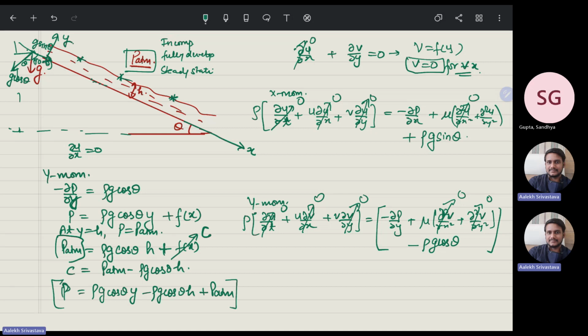Now, another thing. This is your x momentum, and you will get a pressure gradient from the y momentum pressure.